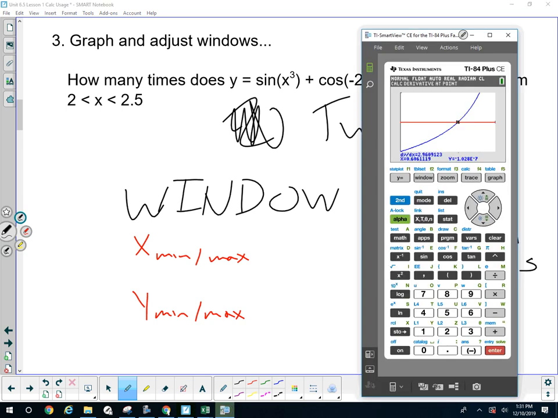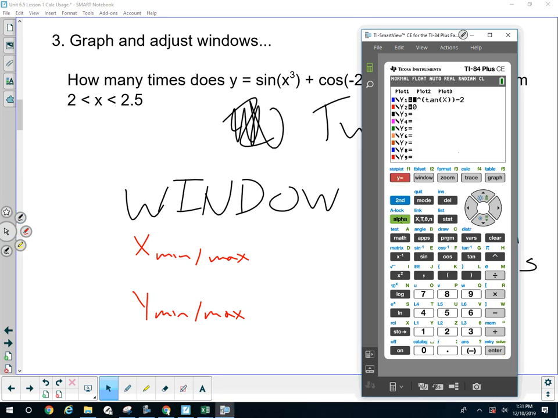Let's say you went back to this equation, sine x cubed plus cos negative 2x, and you're talking about between 2 and 2.5. I think there was a min there, right? Adjust our y's a little bit more, maybe from negative 5 to 5.